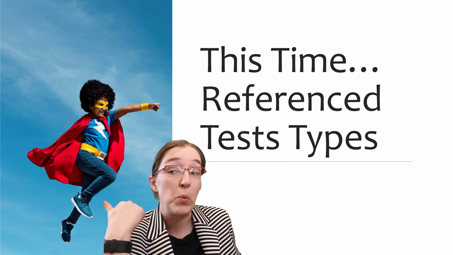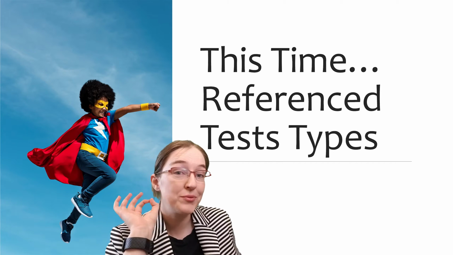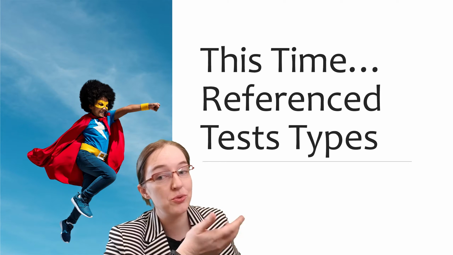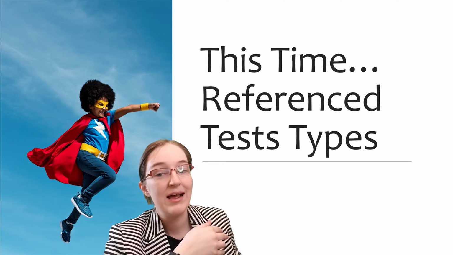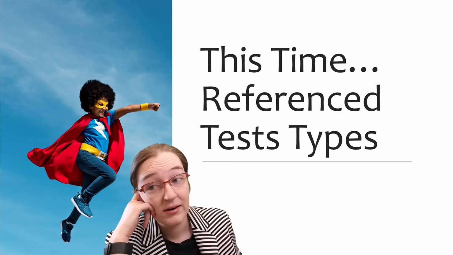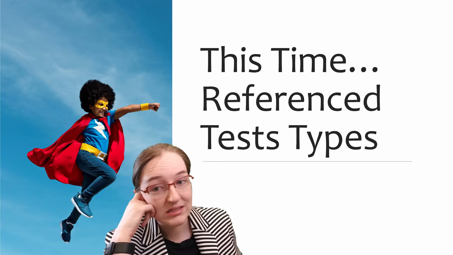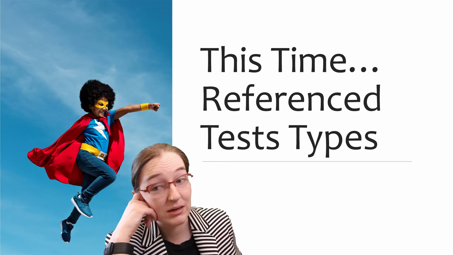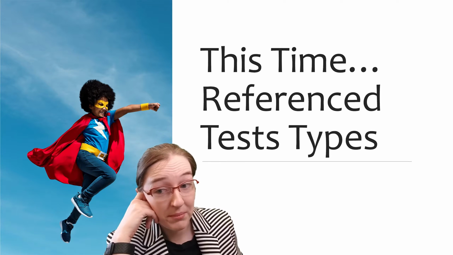Okay, so reference test types. One way to derive meaning from a test score is to evaluate the test score in relation to other scores on the same test. As I've pointed out, this approach is called norm referenced. But there are other ways to look at a test score, to evaluate it on the basis of whether or not some criterion has been met.